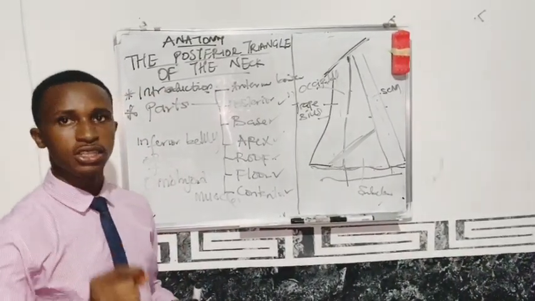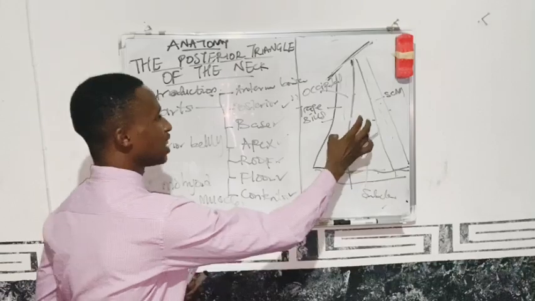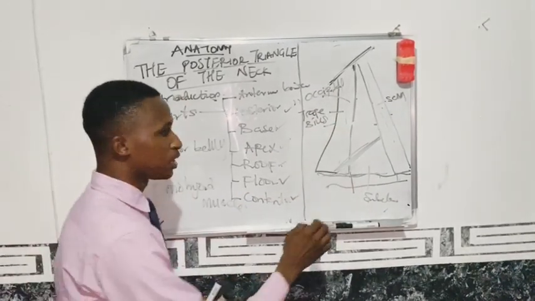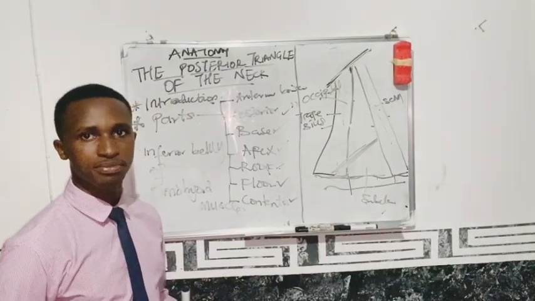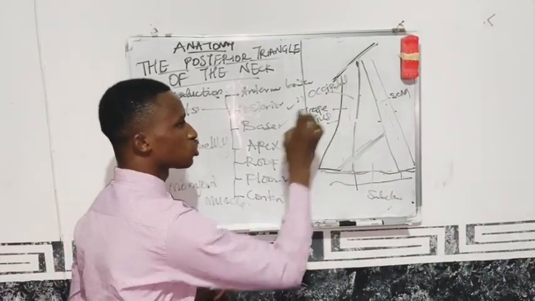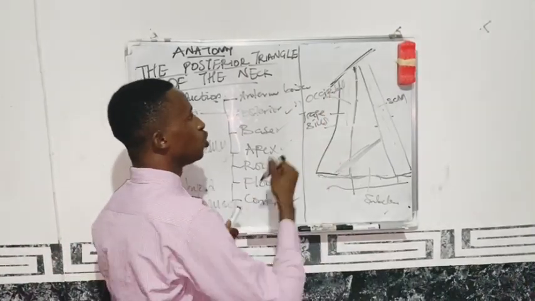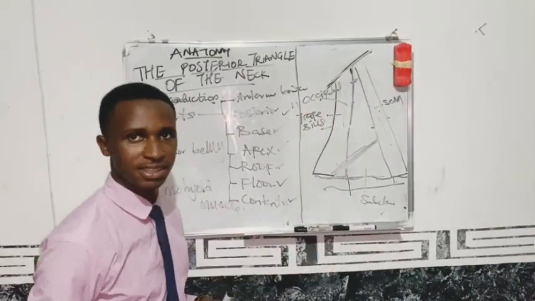Note, the occipital triangle is the larger triangle of these two, and the subclavian triangle is the smaller triangle. This triangle is called the occipital triangle because the occipital artery is located at the apex.